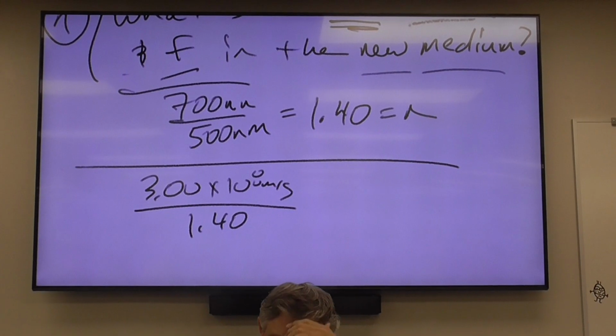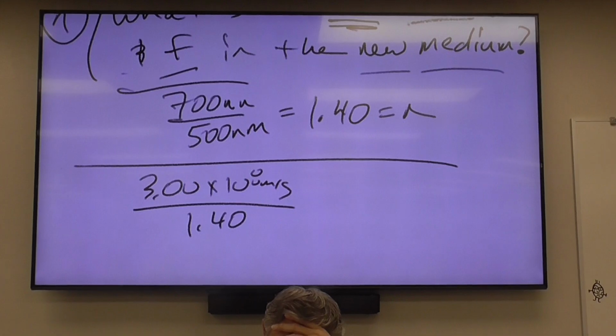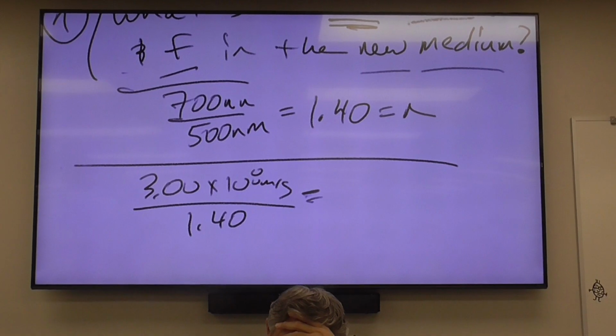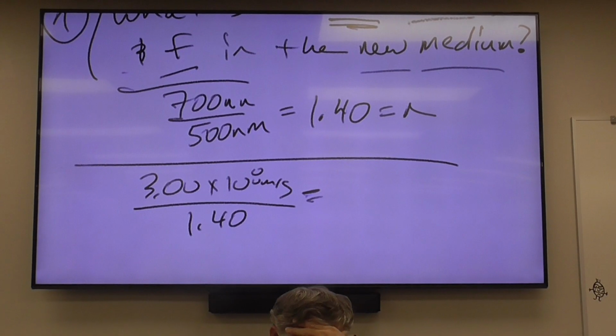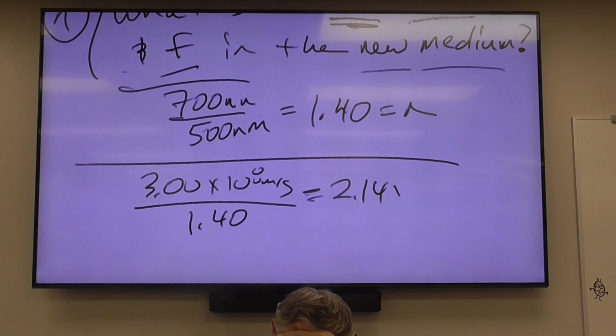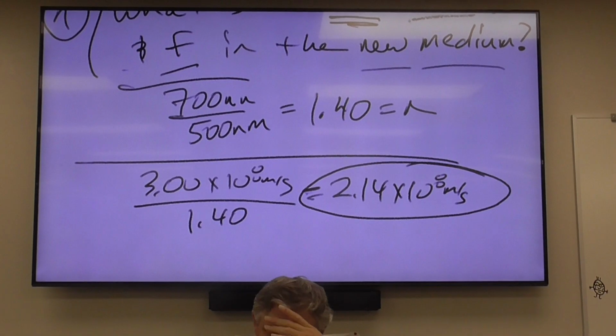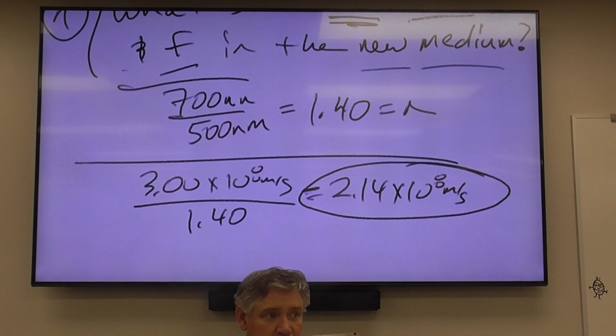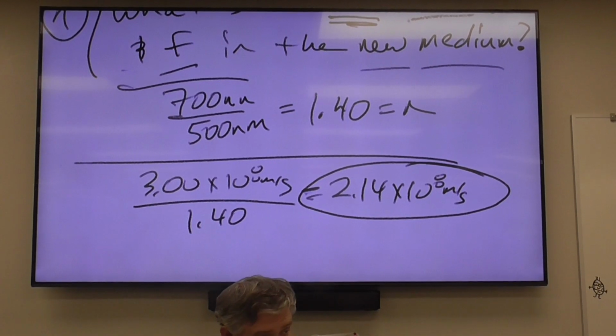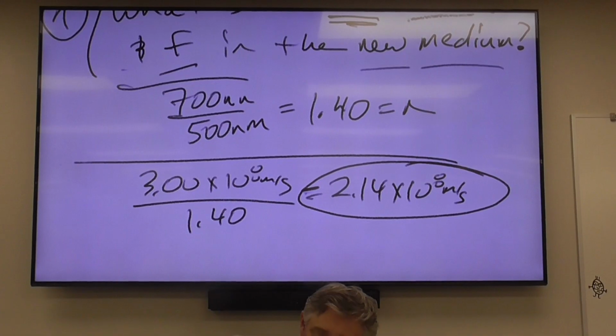What'd you get? 2.14 times 10 to the 8th meters per second. Cool. Makes sense? That's less than the speed of light.